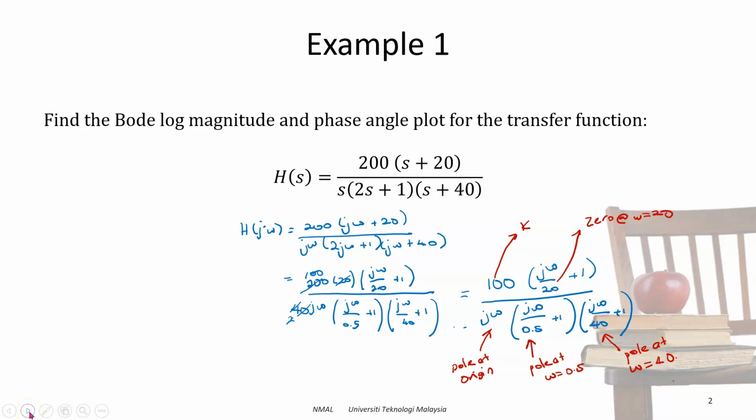So let me write again the equation here, the next page here. H(j omega) is equal to 100 (j omega divided by 20 plus 1) divided by j omega (j omega divided by 0.5 plus 1)(j omega divided by 40 plus 1).